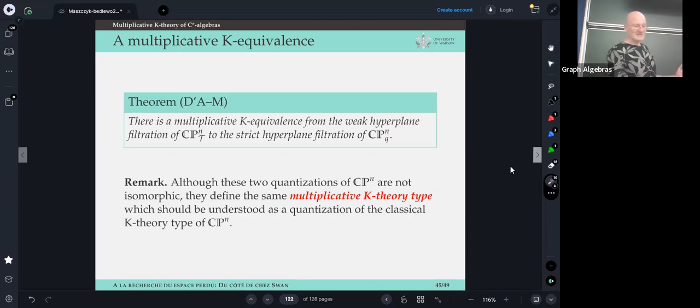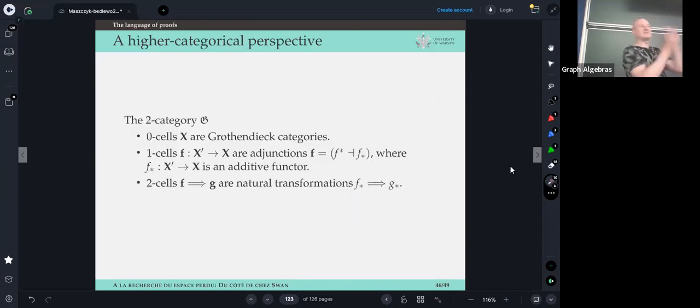So they are computing the same. So this unique object should be regarded as quantization of topology, not a single deformation.